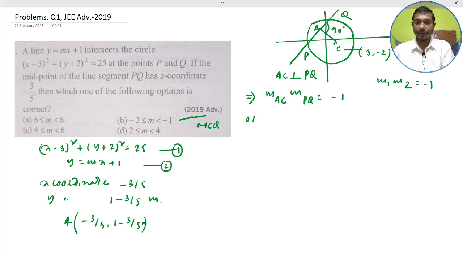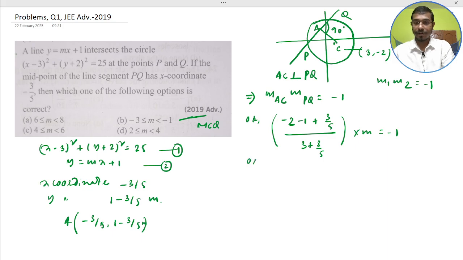Put this value: minus 2 minus 1 plus 3 by 5 m, divided by 3 plus 3 by 5, into m equals minus 1.